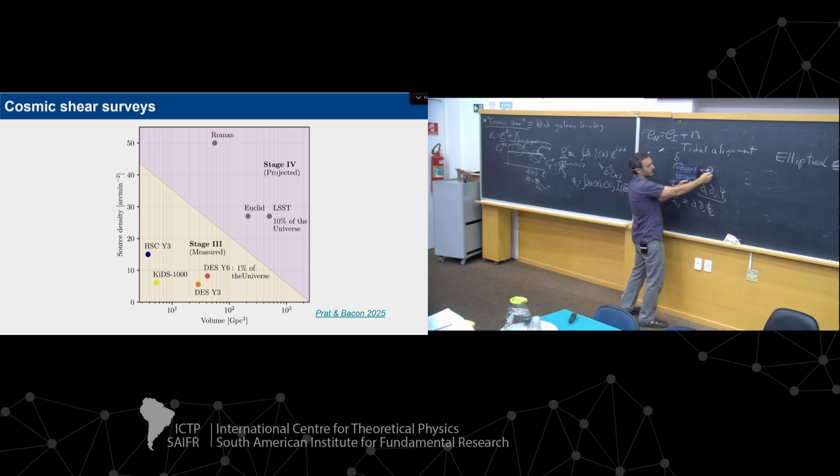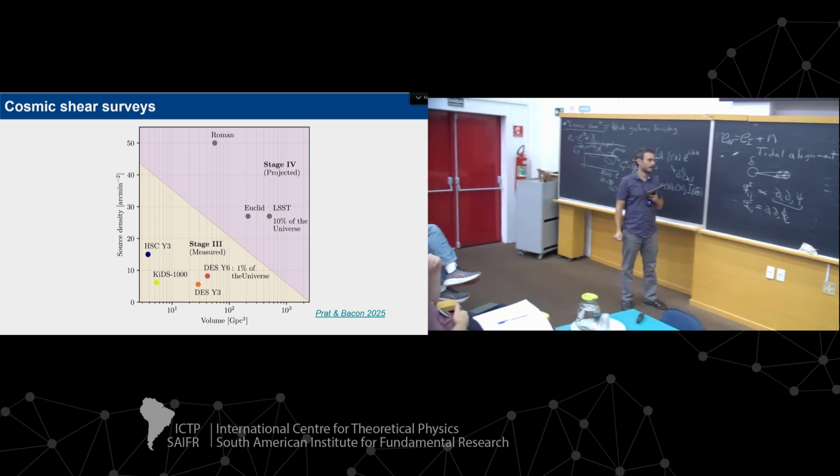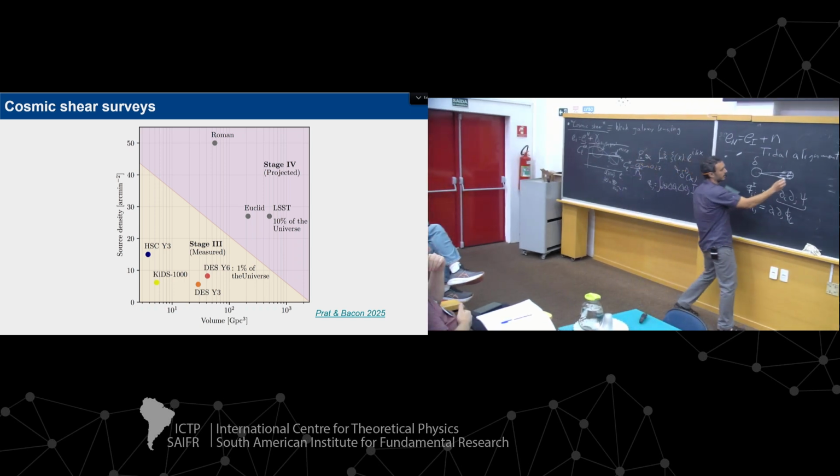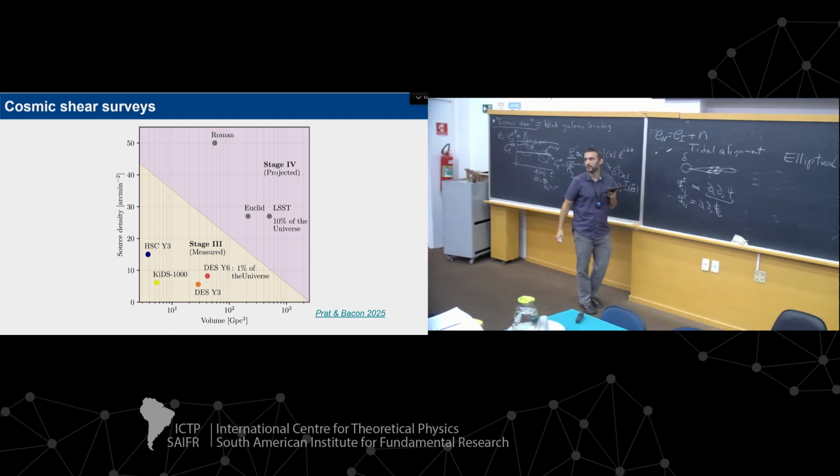So that means that the shape of the Earth should have a shearing force in this direction that stretches it, right? And tidal forces in that direction, but that means they have a component in the perpendicular direction that will tend to squash the Earth in the other direction, right? So you expect tidal alignments to squash galaxies in that direction.